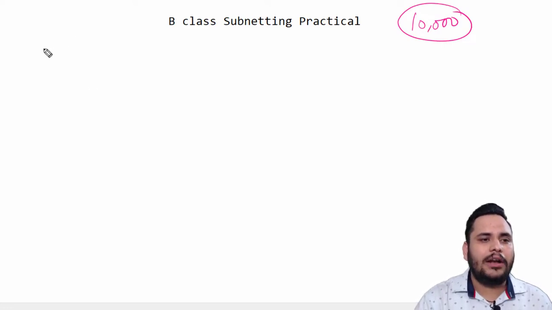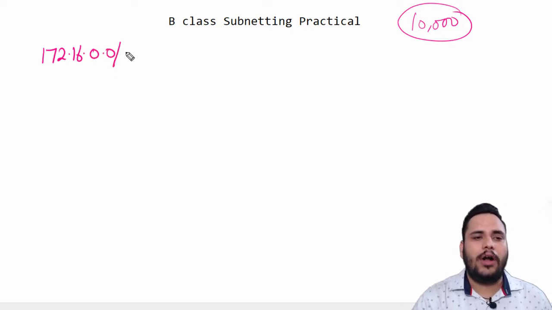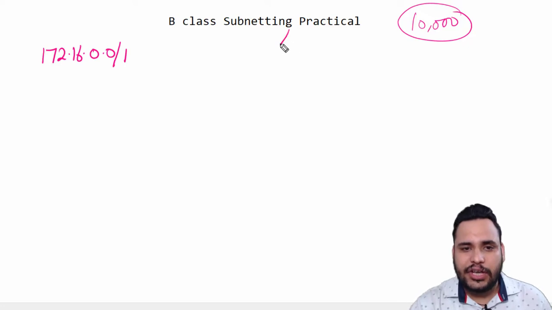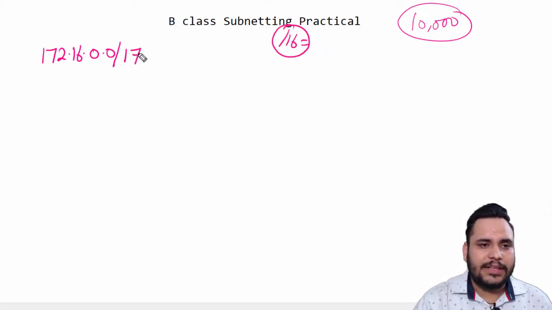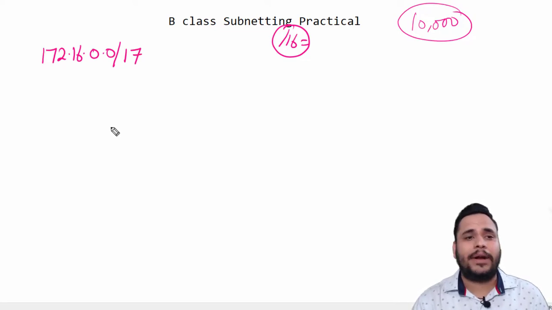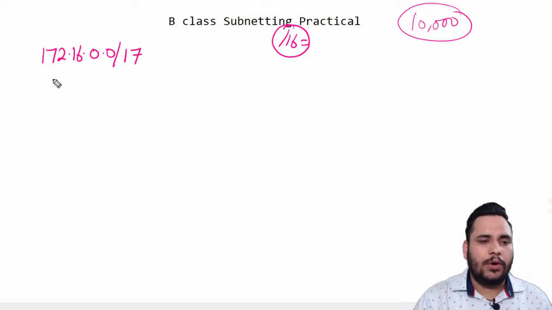By default, I'm going to use one range, 172.16.0.0. By default, I know it is 16, so 16 is fixed and I have to choose with 17. I have to start my practical with 17. First step is VLSM finding.